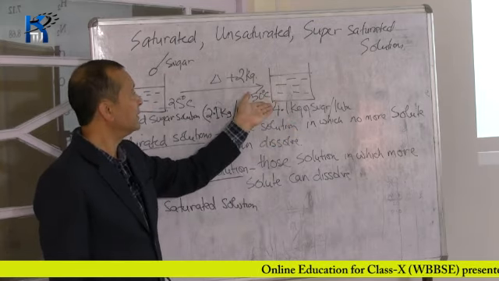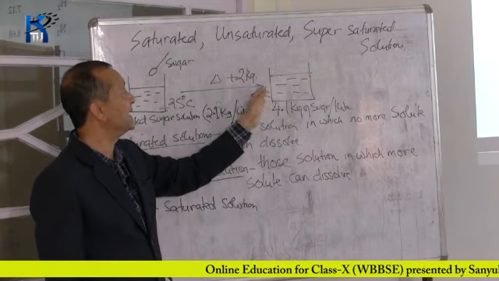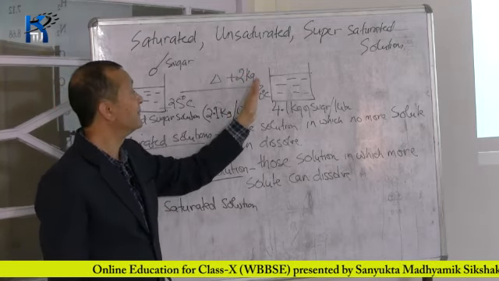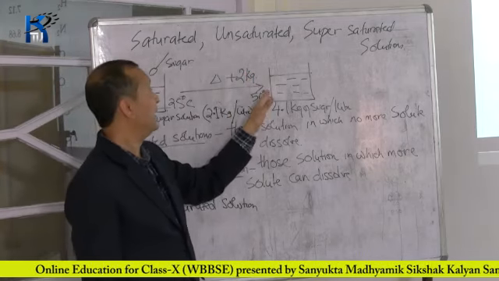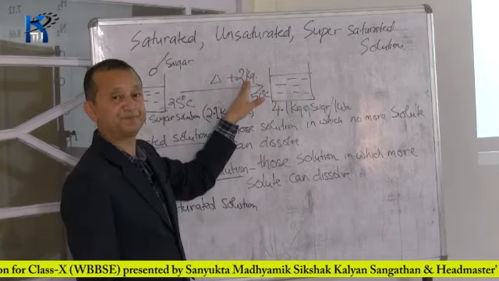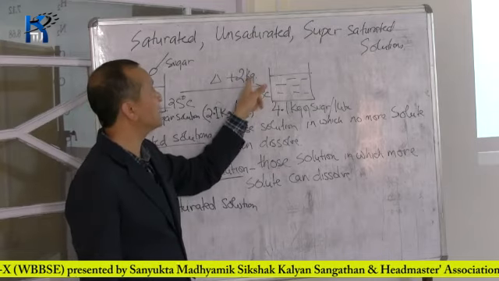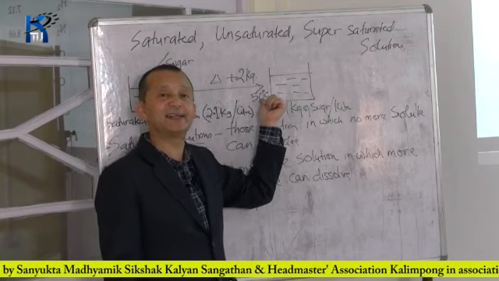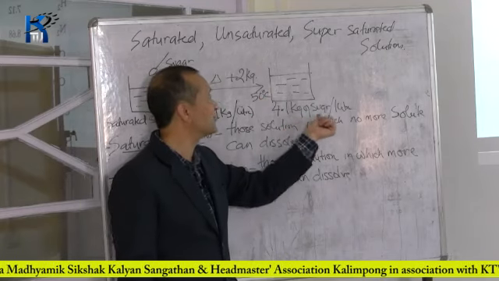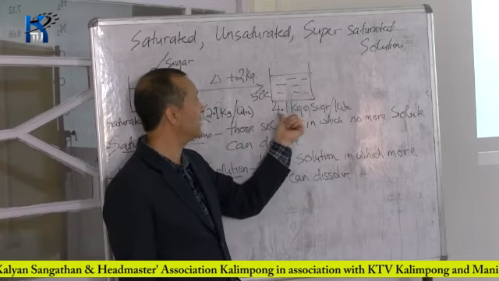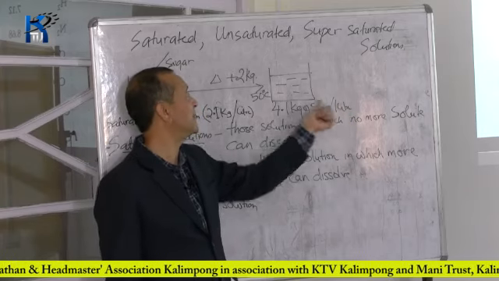It is common sense that when you heat it, naturally more sugar will dissolve. So an extra 2 kg of sugar dissolves, and at 50 degrees centigrade, the concentration of sugar solution becomes 4.1 kg per liter.